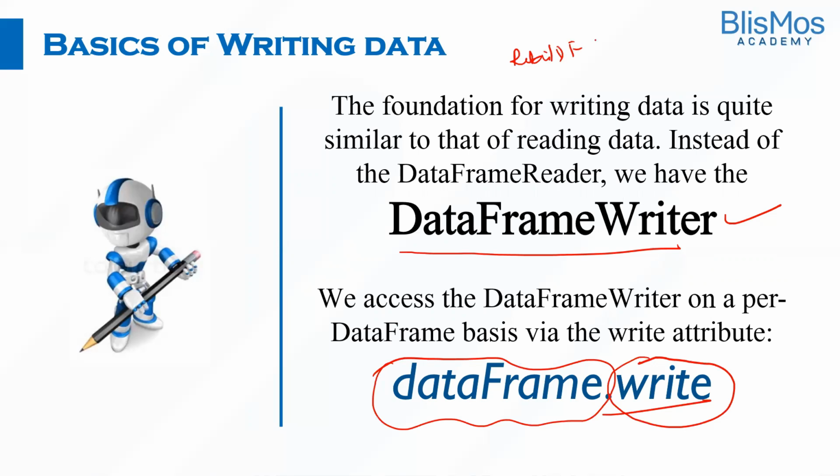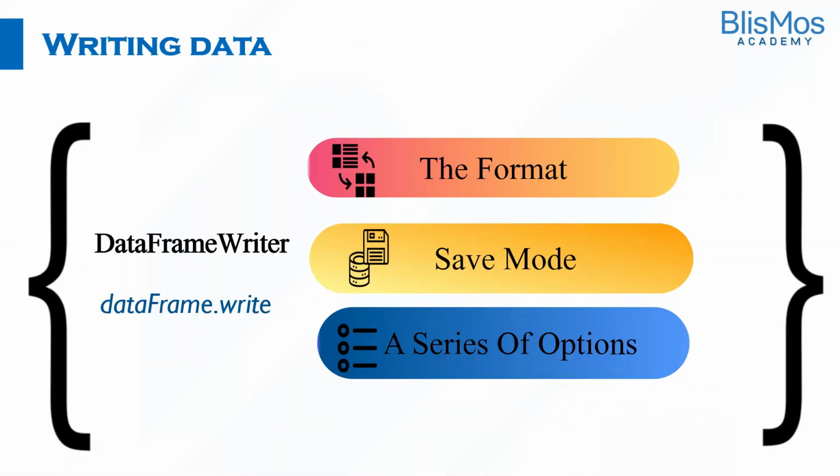If you want to write this to any other file, the way you should do it is data frame name, then write, then give the path, different options. We'll see the different options in the upcoming slides. The way we have different options to be provided in a DataFrameReader, in the similar way we have to provide the different options after the DataFrameWriter is done.